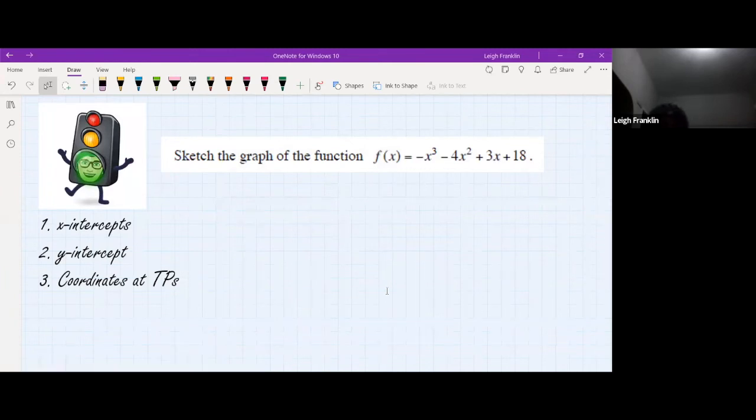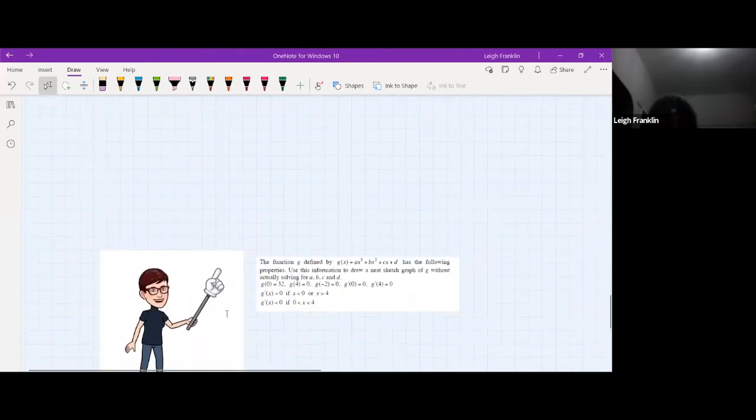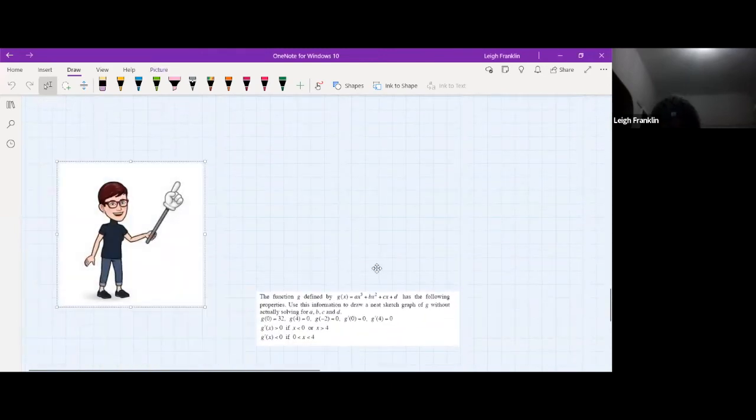So in other words, it's -x cubed. Do you know how to factorize that to find the x-intercepts? All right, perfect. That's fine. Not a problem. Then we can move on to the next thing that I had put down for us.